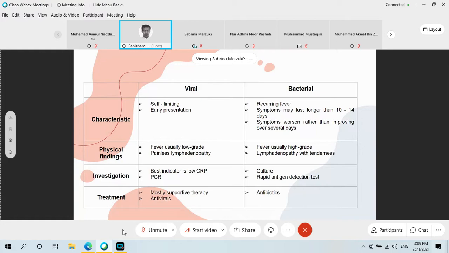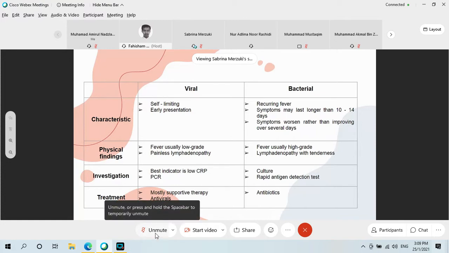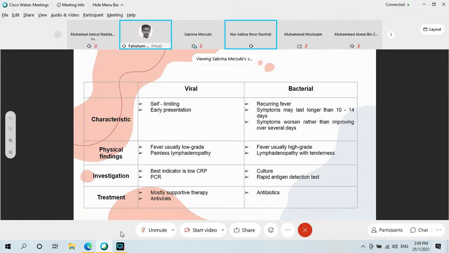What are other things that you need to look at apart from the differentials in the blood count? Anything else that might indicate viral versus bacterial infection? Can you hear me? Rawan, can you help me out?